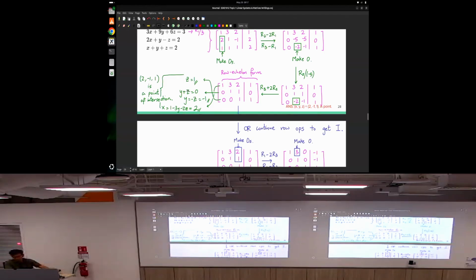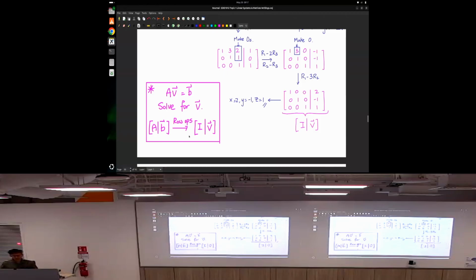Good question. The answer is yes. So what's the deal with getting the identity here? This method also extends itself to getting the inverse of a matrix. This will be covered in topic 2. If this is a matrix A and I want to get the inverse of A, I can perform row ops until I get A inverse here.